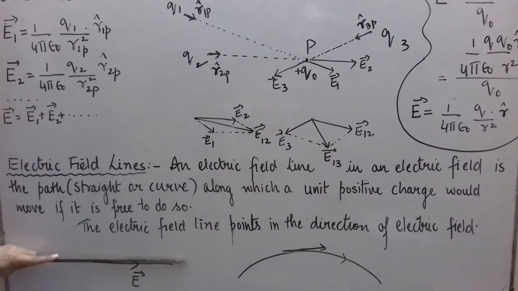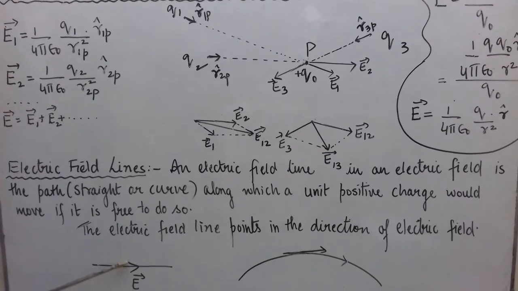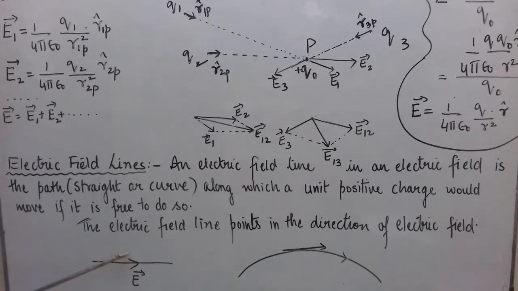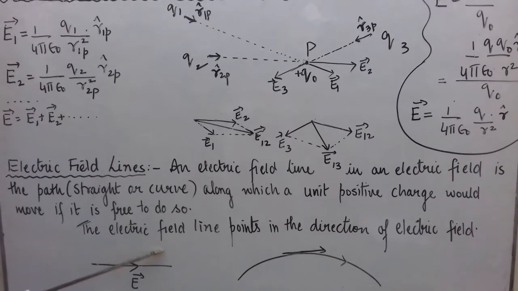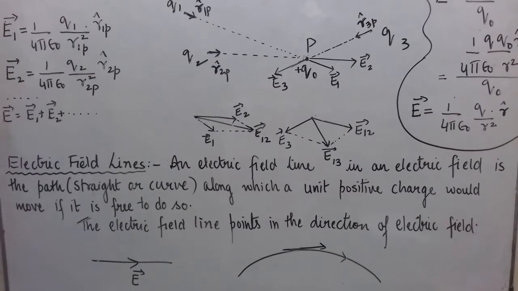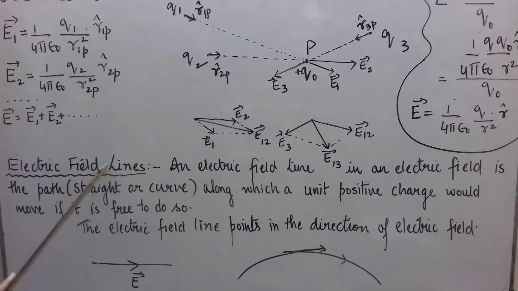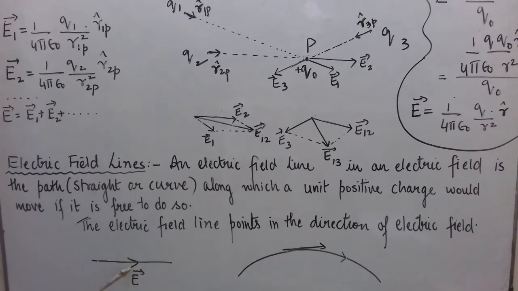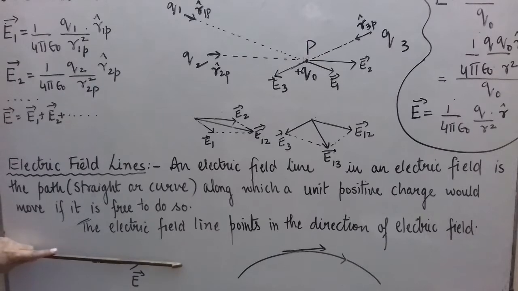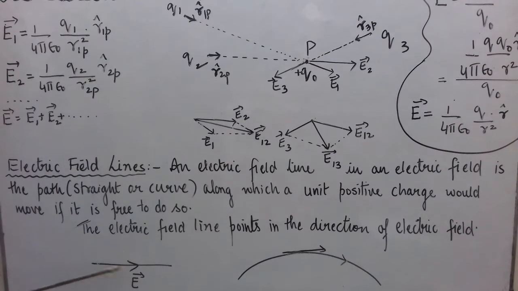So if this line with this arrow represents an electric field line, then this gives the direction in which the free unit positive charge would move. And this is also the direction of the vector electric field at that point. So an electric field line gives us the direction of electric field strength at any point on this line.